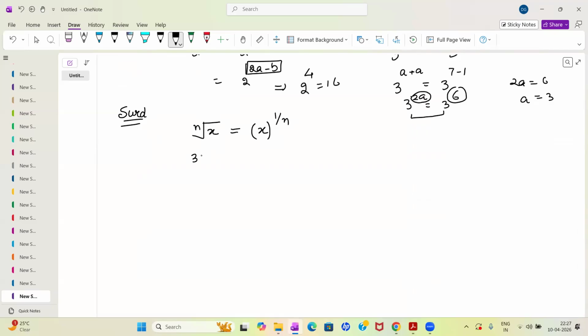Suppose it is the cube root of x, we can write it as x to the power 1 by 3. If it is the 5th root of x square, it can be written like x square to the whole power 1 by 5. And the powers will be multiplied, so it will be x to the power 2 by 5.